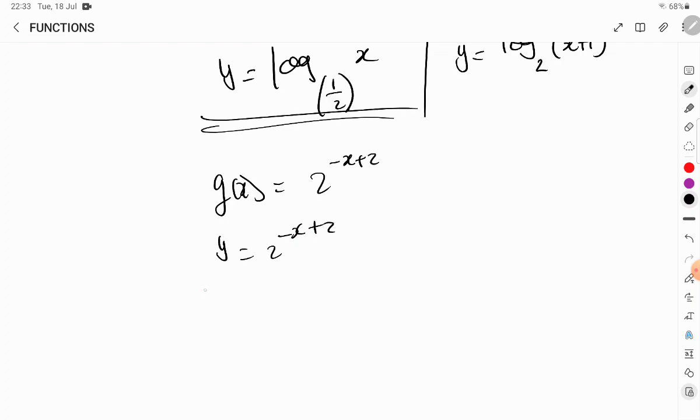If you interchange the x and y, then this becomes x is equal to 2 to the power minus y plus 2. Now you want to make y the subject. If you want to make y the subject, you can just make everything that is up here the subject, right? So it's going to be minus y plus 2 is equal to log again. Our base is 2, so 2 is down there.